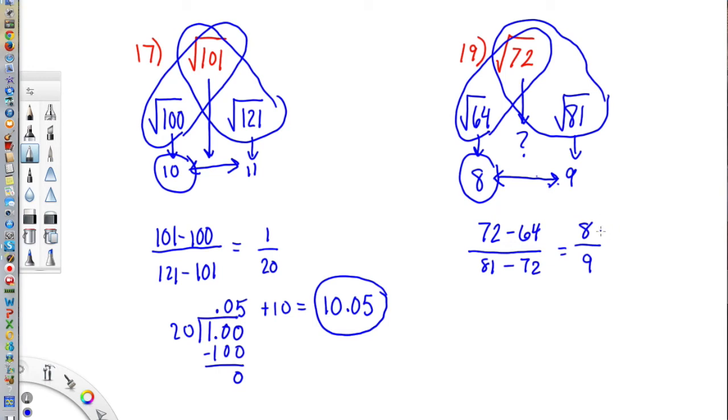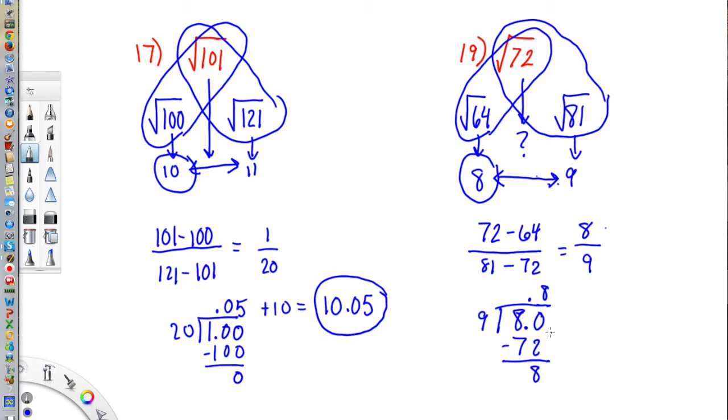So what do I do with this? I take 8 and divide it by 9. 9 will not go into 8, but it will go into 80 8 times. 8 times 9 is 72.